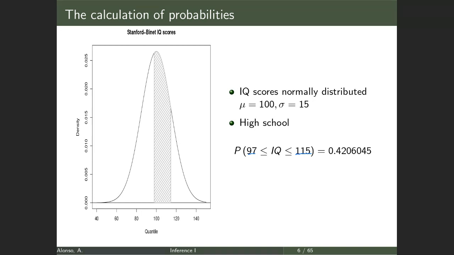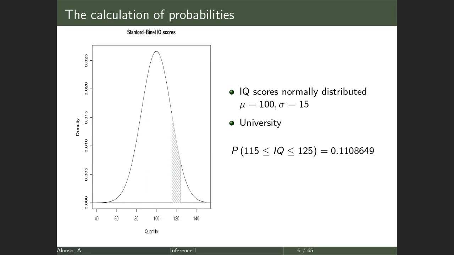So here you have your interval, 97 to 115, and here you have your normal distribution. The area under the curve is the probability that a randomly selected individual is going to have an IQ score in this range. And you can see that's about 40% of the population.